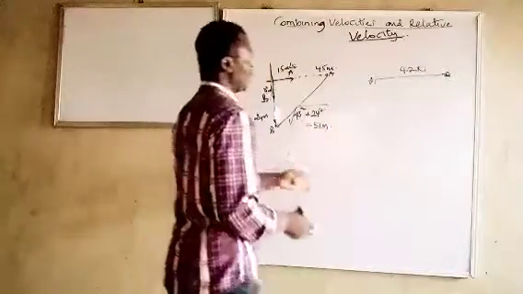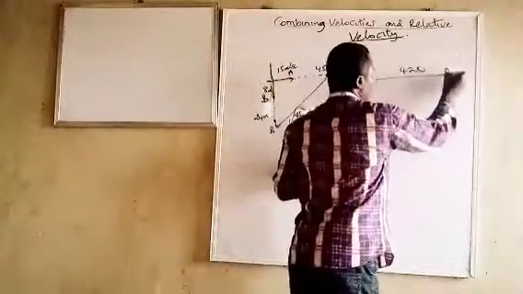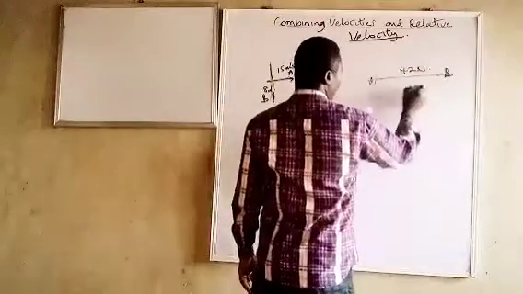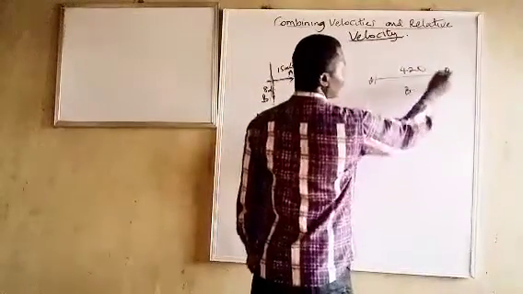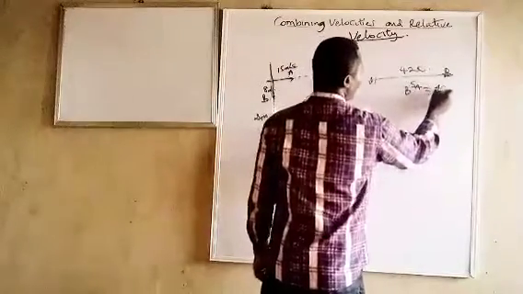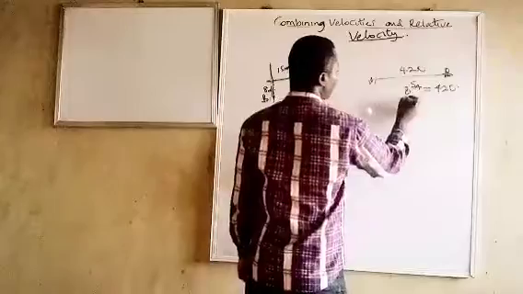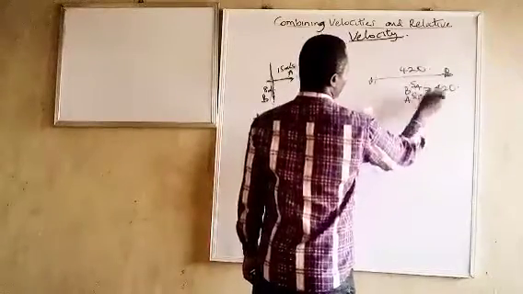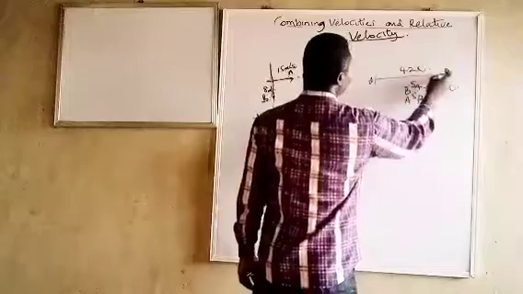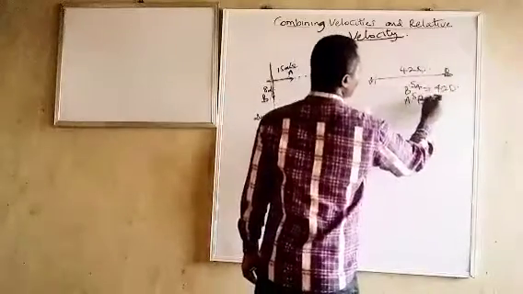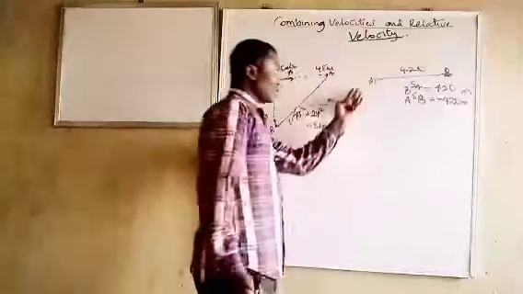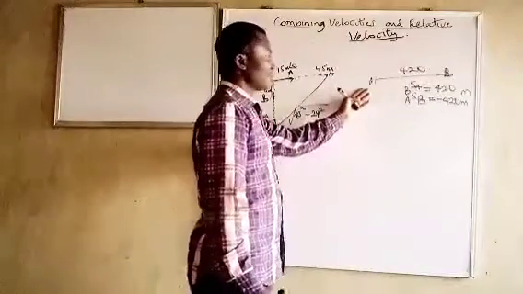So if you want to check now, the position of b from a is 420 to the right, which is positive. So b x a, that is the distance, will be equal to 420. For this one now, if you measure a from b, it's going to be minus 420 meters because of the sense. Do you understand? Because of the sense.